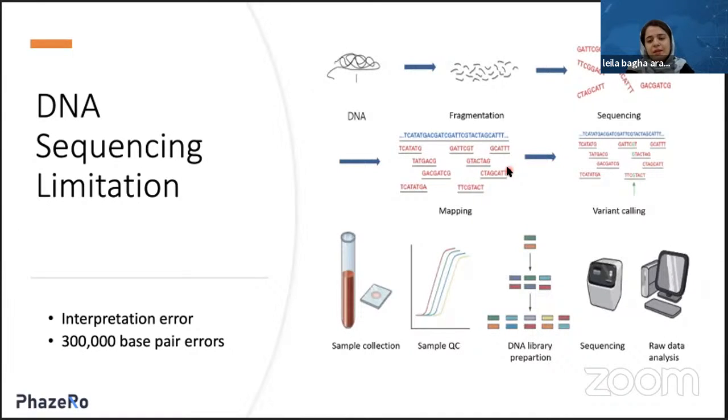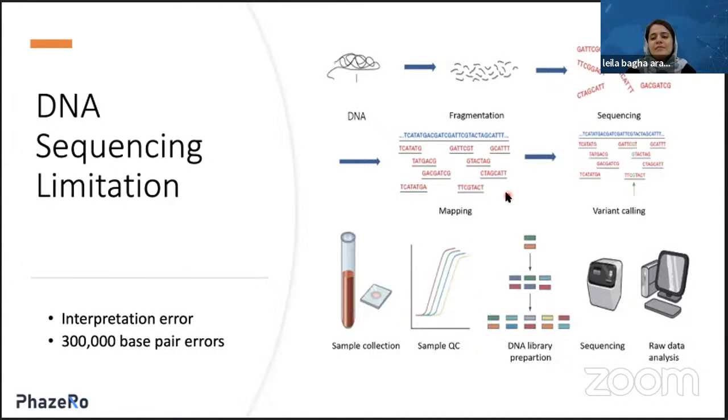For example, as I said, the DNA will be cut into different reads, and we should read each of these parts of the DNA. Sometimes one or two parts of DNA will be missed, and it may cause some inaccuracy in the sequencing data.